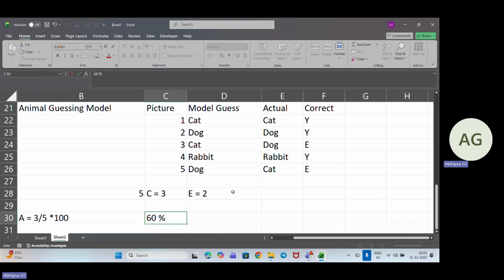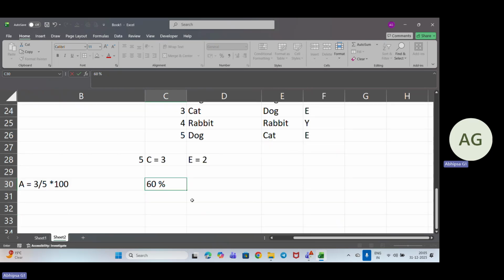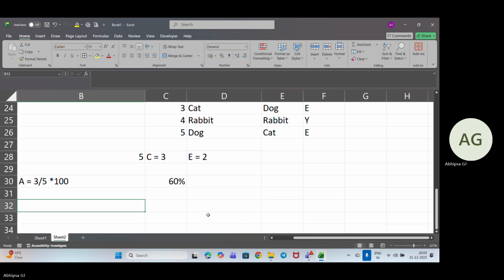Now we will go down to another evaluation metric, that is precision. So precision is: of all the times the model said yes, how many times it has correctly said yes. Suppose I want to find the candy.